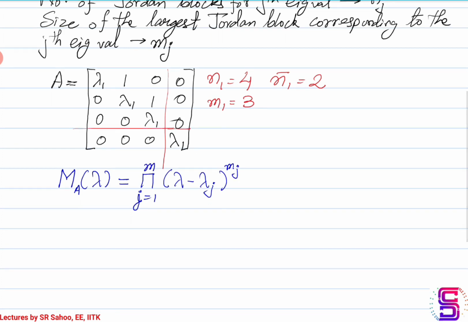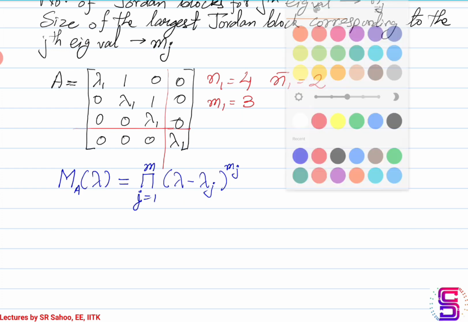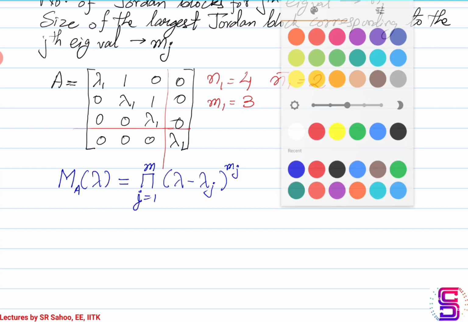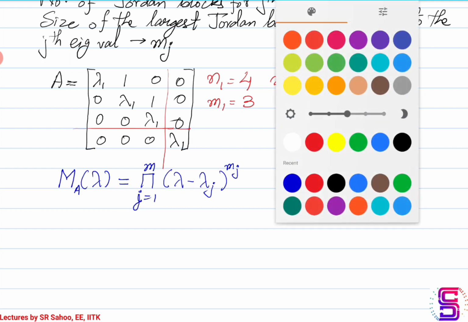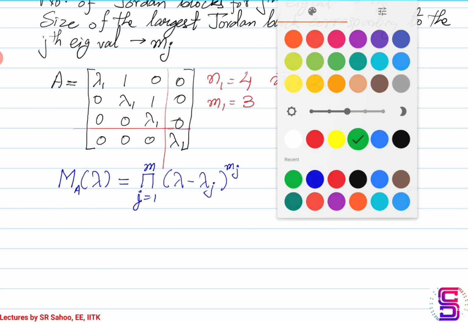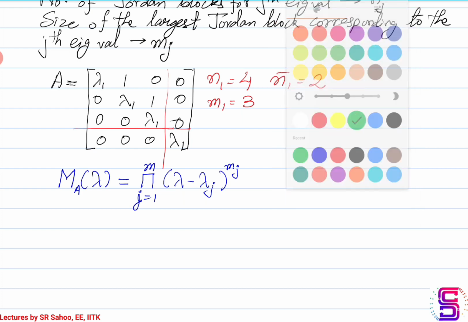So I am considering the largest size of the Jordan block associated with the jth eigenvalue, taking the factor lambda minus lambda j and raising it to the power mj, and I do this for all the eigenvalues in hand and take a product of them. That results in a polynomial.